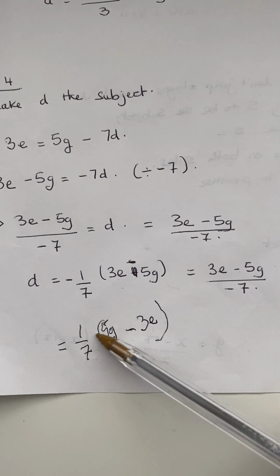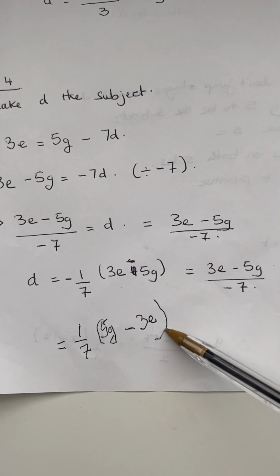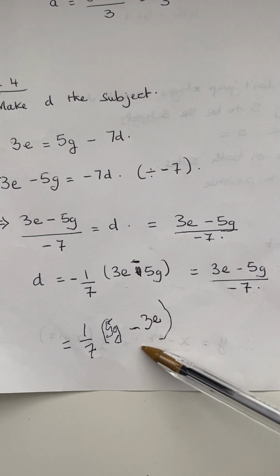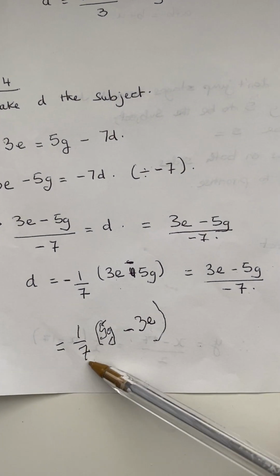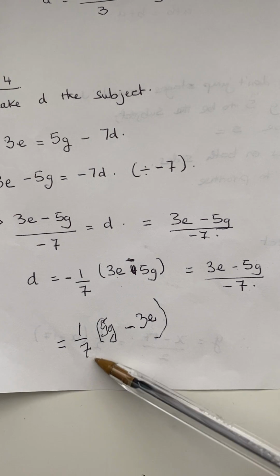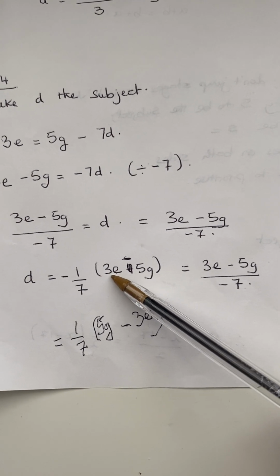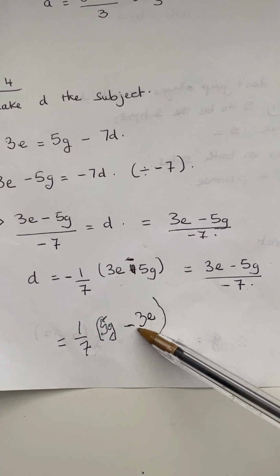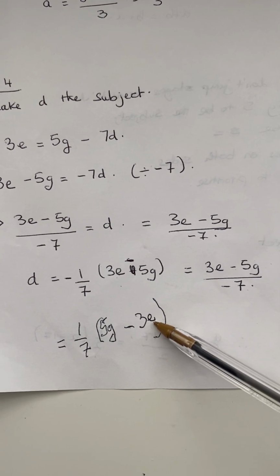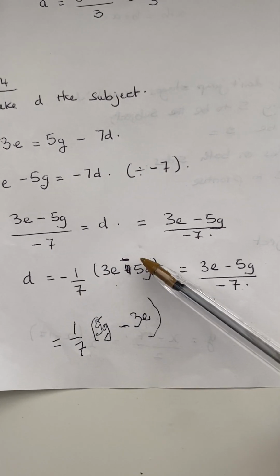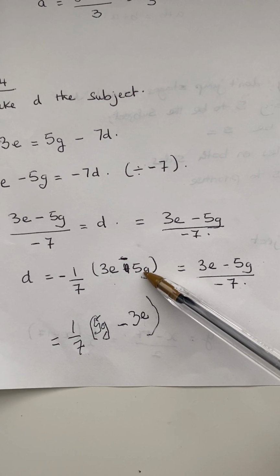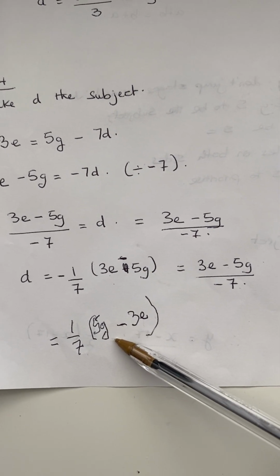Or you can go a step further, as we saw in identities. 1/7, now your minus affects 3e, so you have minus 3e, and then your minus with the 5g becomes positive.